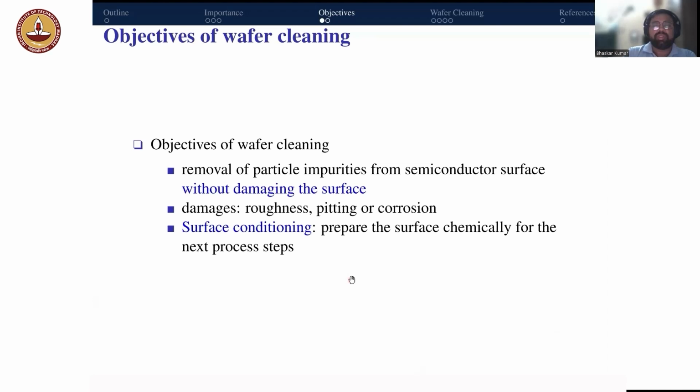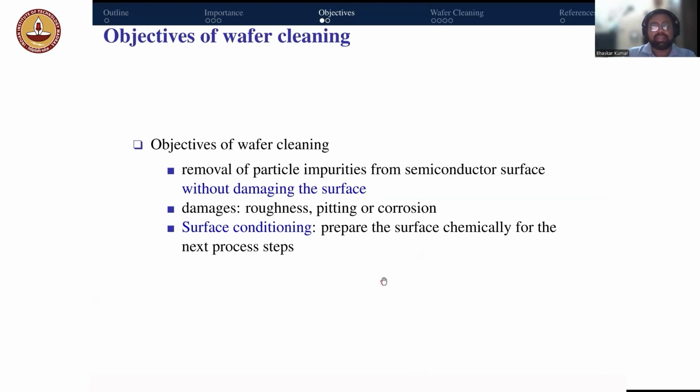Now let us see what the objectives of wafer cleaning are and what we try to achieve when we are doing this wafer cleaning. Of course, one of the primary objectives is to remove the impurities from the semiconductor surface, particularly those that are very detrimental to performance. But what's important is that we must remove these impurities without damaging the surface. As we will see, the solutions that we employ are chemicals, strong oxidizing agents and strong acids.